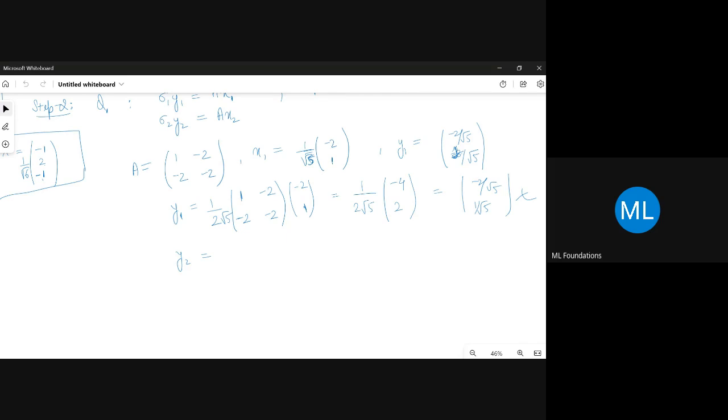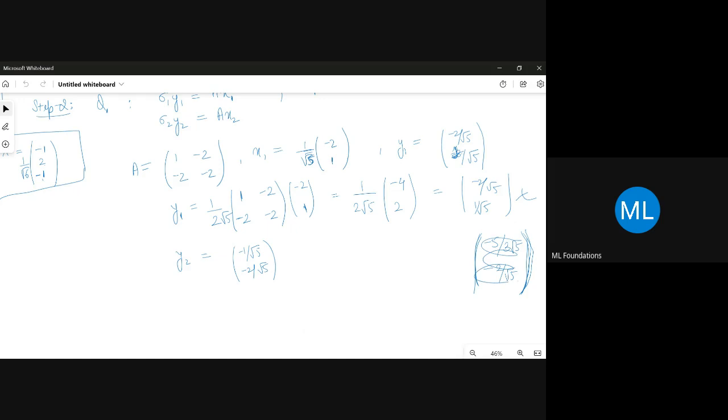I don't know. Let other people also answer, then I will check. I got minus 1 by root 5 and minus 2 by root 5. Okay, this is not right, you can check.